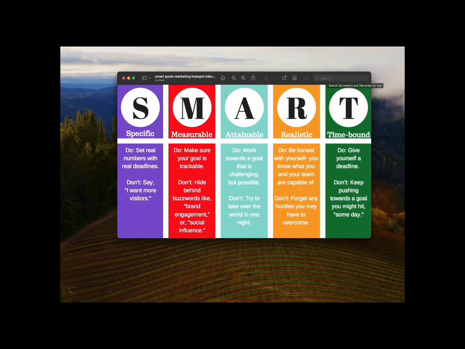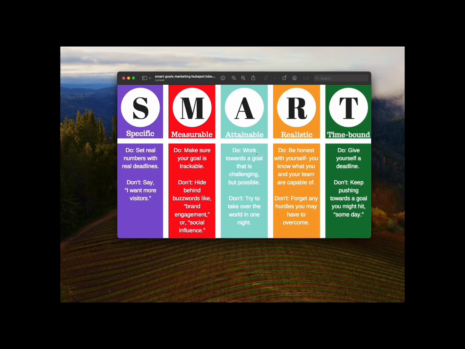So if we look at the tag for SMART, here is the meaning of SMART. S means specific. So here it is saying to set real numbers with real deadlines. Don't say I want more visitors, like that. Measurable means make sure your goal is trackable. So whatever goal you are doing, it must be trackable, right? So don't hide behind buzzwords like brand engagement or something like that. A means attainable.